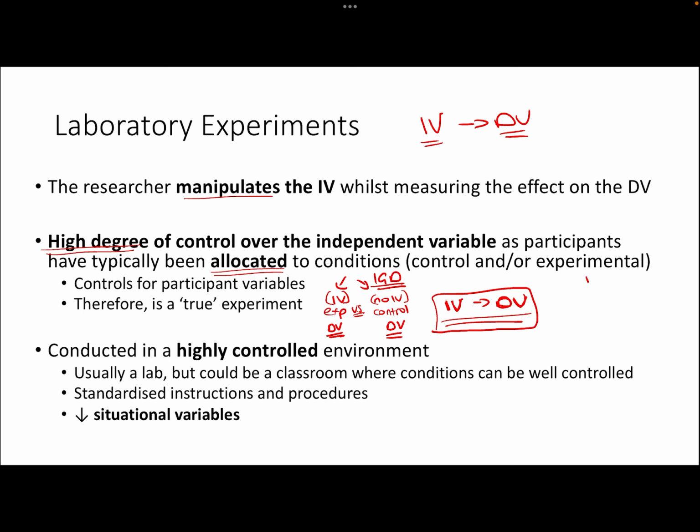Or we could be looking at a repeated measures design, and this is where all participants are in both conditions. So on day 1, they will all drink coffee, and that's going to be exposure to the IV. And then on day 2, everybody comes back, and there's no coffee, and that's our control condition.